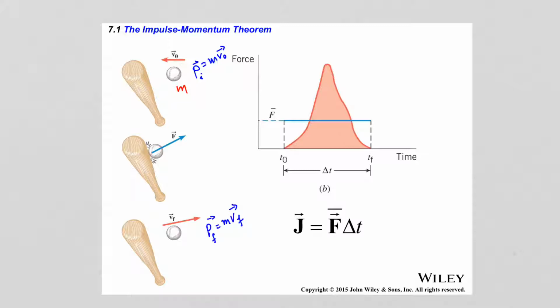And now it will become P final, and that will be equal to the product of the mass of the baseball and the final velocity of the baseball. So the force with which the baseball bat interacts with the baseball produces this impulse J, and as a result, this new quantity P for the baseball changes.